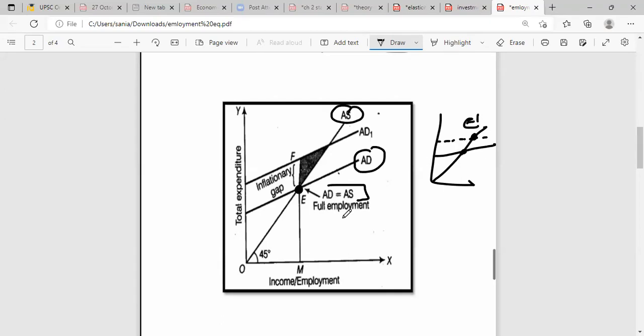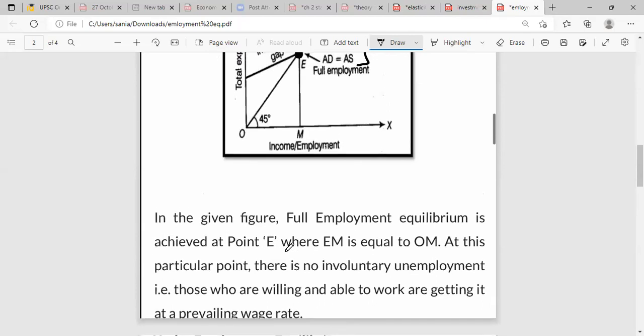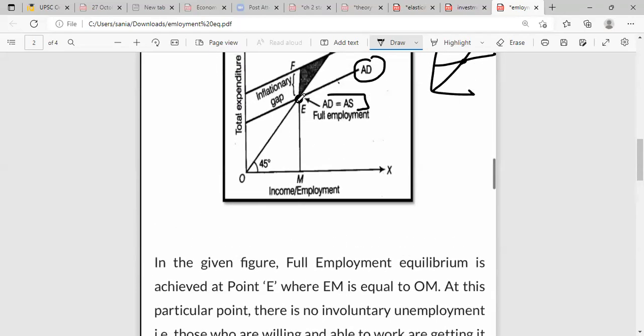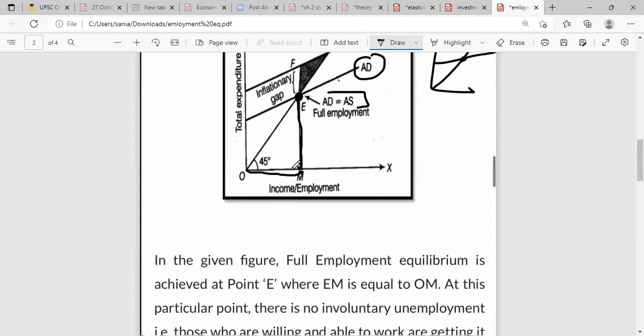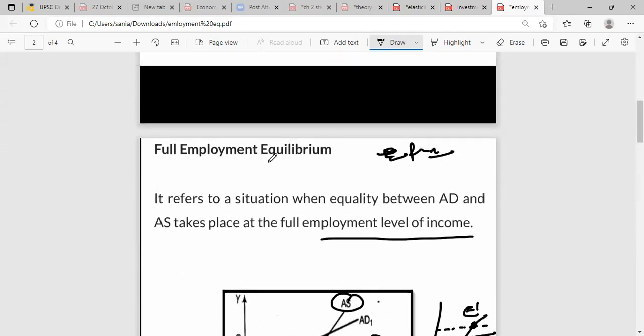In the given figure, full employment equilibrium is achieved at point E, where EM equals OM. At this particular point, there is no involuntary unemployment. That is, those who are willing and able to work are getting work at their prevailing wage rate. So this is basically a full employment equilibrium.